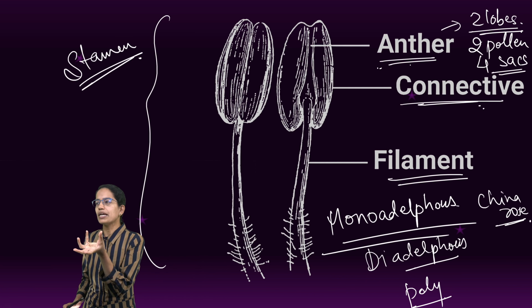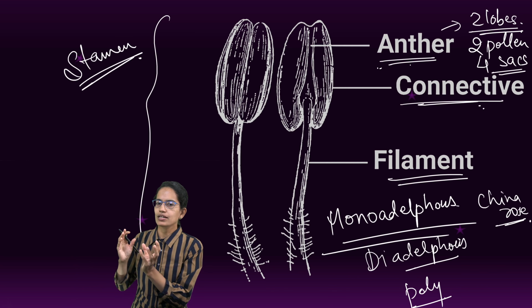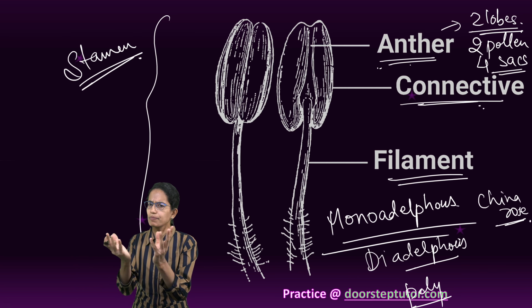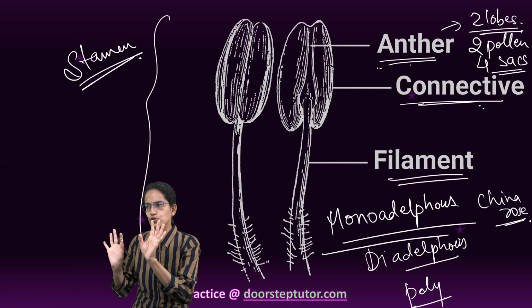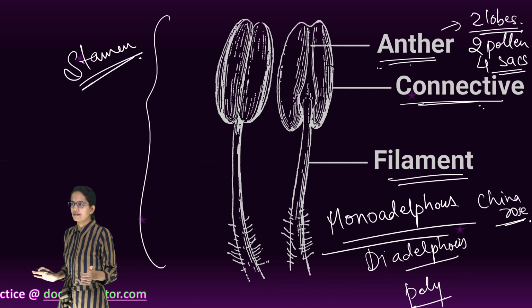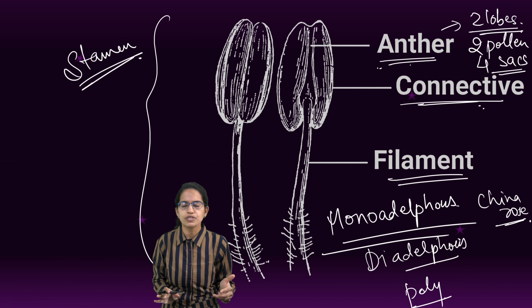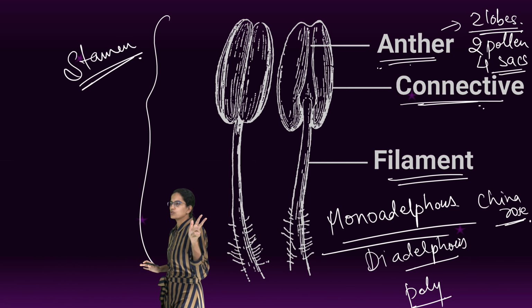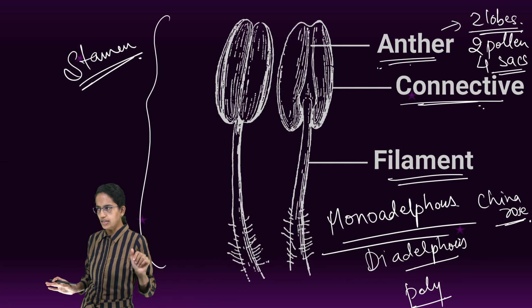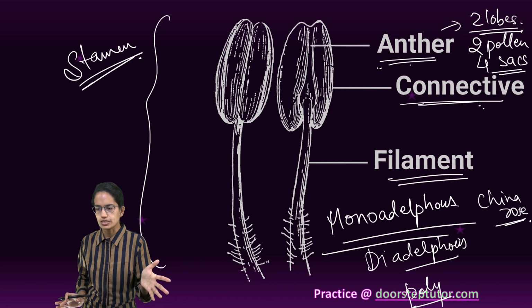So you can remember it as free only. Polyadelphous means there are many filaments and the anthers are also free. Three important examples for polyadelphous: silk cotton, from which we get the textile, and then castor, from which we get the oil, so castor oil.